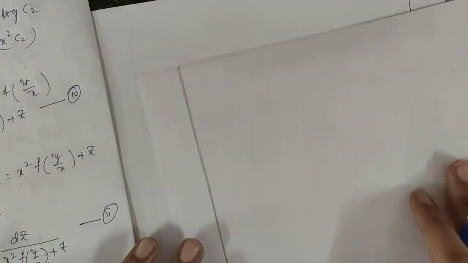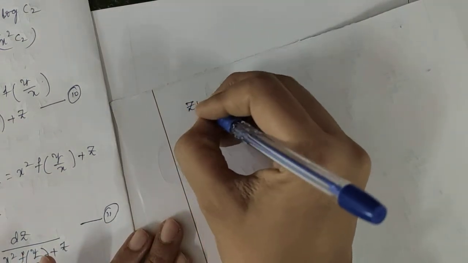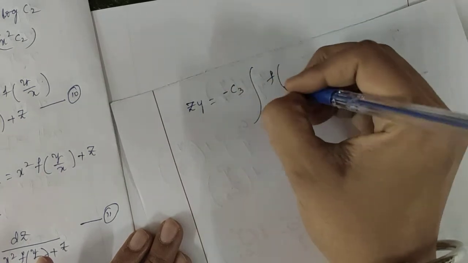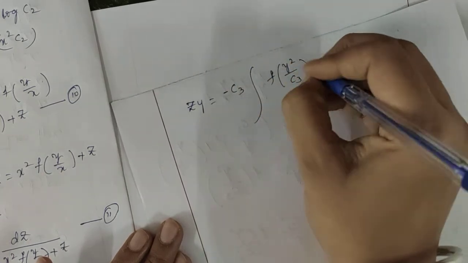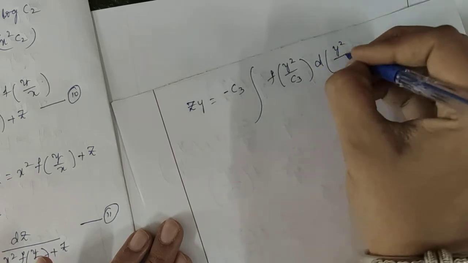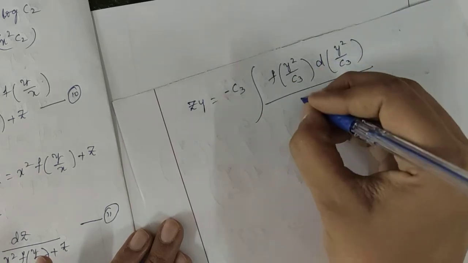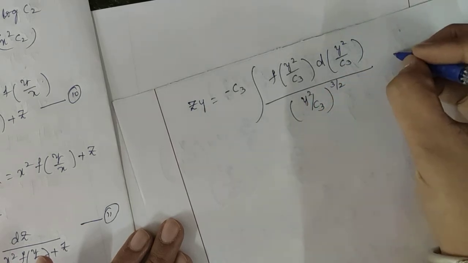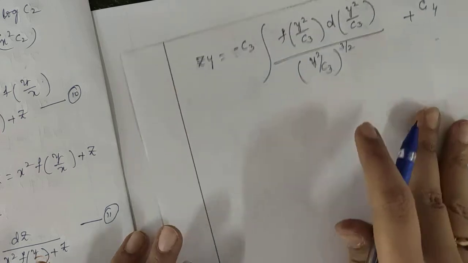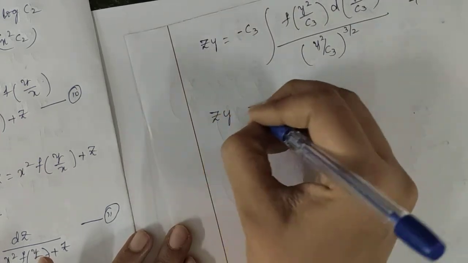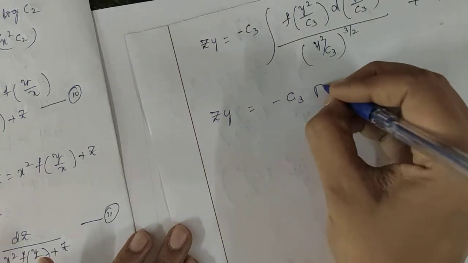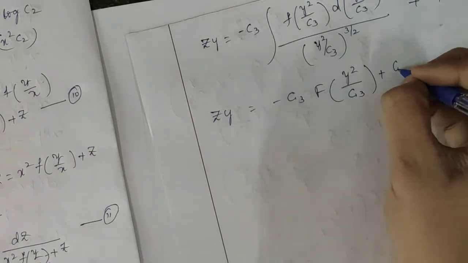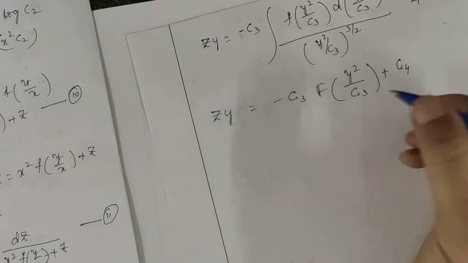So I can write this as zy is equal to minus c3 into integration of f of y square by c3 into differentiation of y square by c3 whole divided by y square by c3 whole power 3 by 2 plus c4. So now zy is nothing but minus c3 into f of y square by c3 plus c4. This is what we will get.